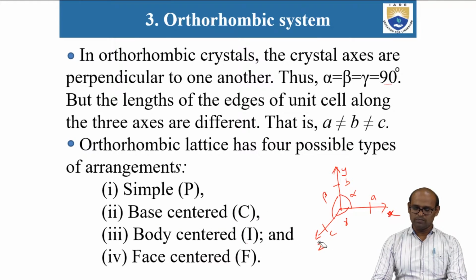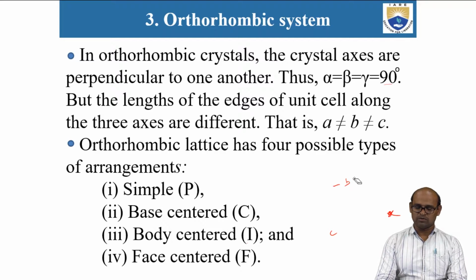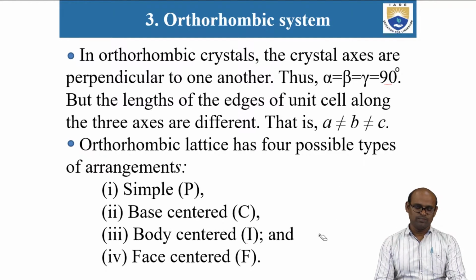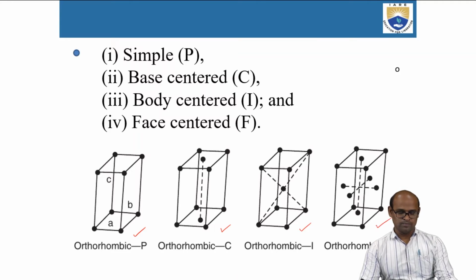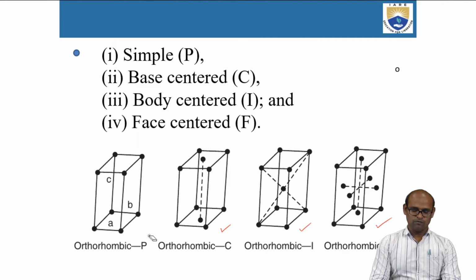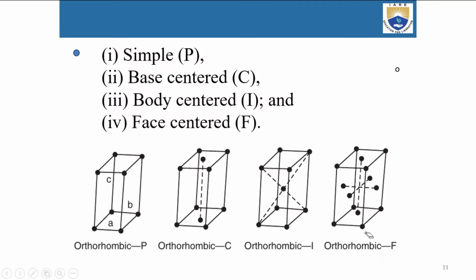Out of these 4 possible arrangements, 1 is primitive and 3 are non-primitive unit cells.